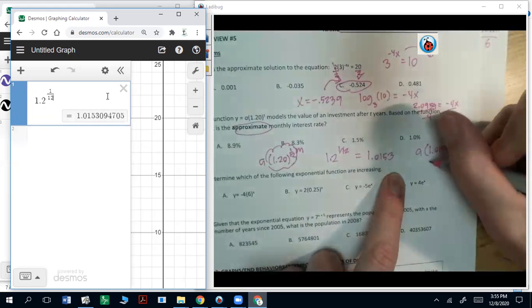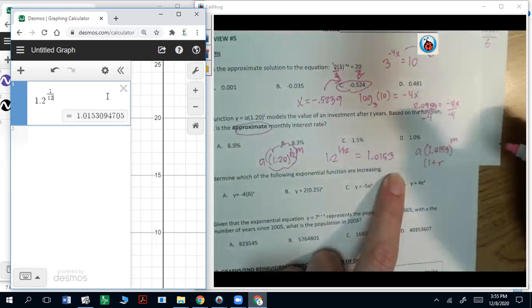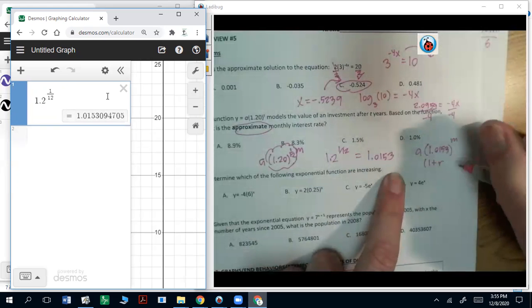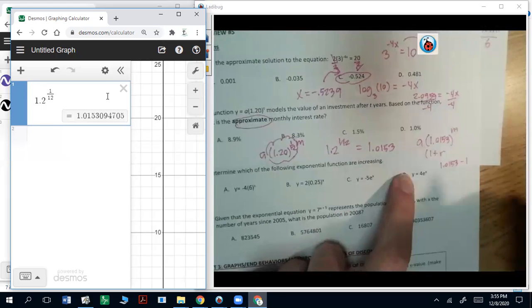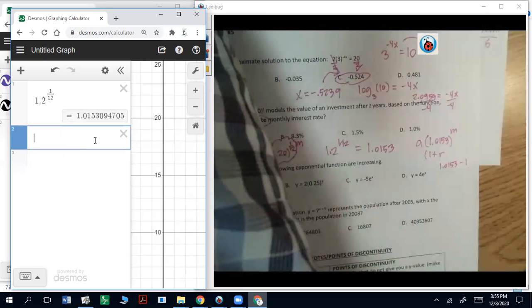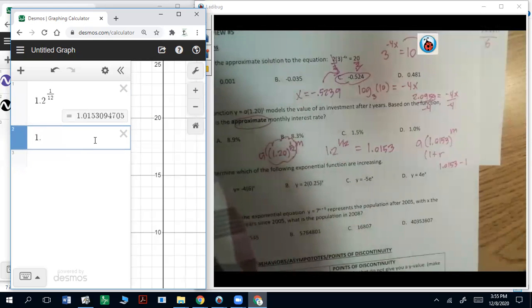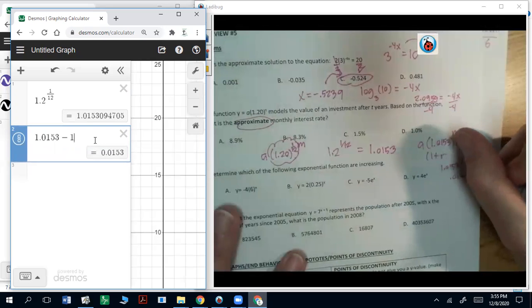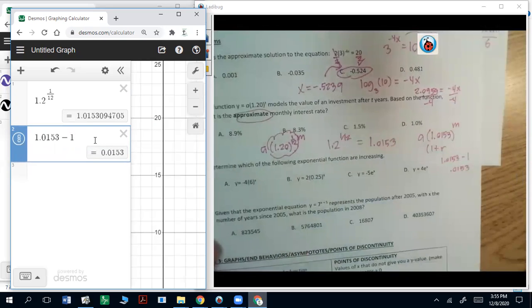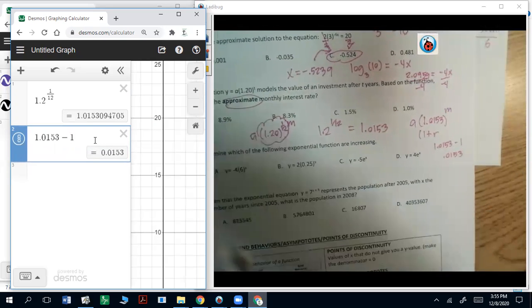And it says, what's the rate? So the rate, remember, this is 1 plus the rate. So if you subtract 1 from this, that'll get you your rate as a decimal. So 1.0153 minus 1 is about 0.0153. As a percentage, that is 1.53%.